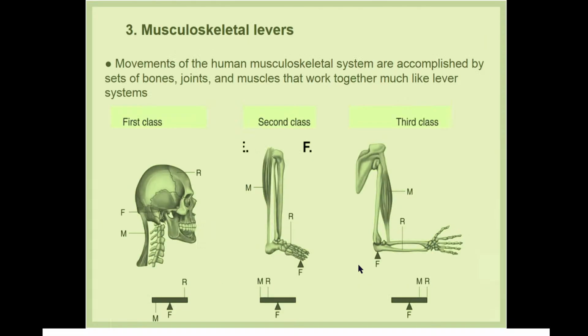So, after that, let's come back to this combination of the skeletal muscles and bones these muscles are attached to. Movements of the human musculoskeletal system are accomplished by sets of bones, joints, and muscles that work together, much like a lever system.